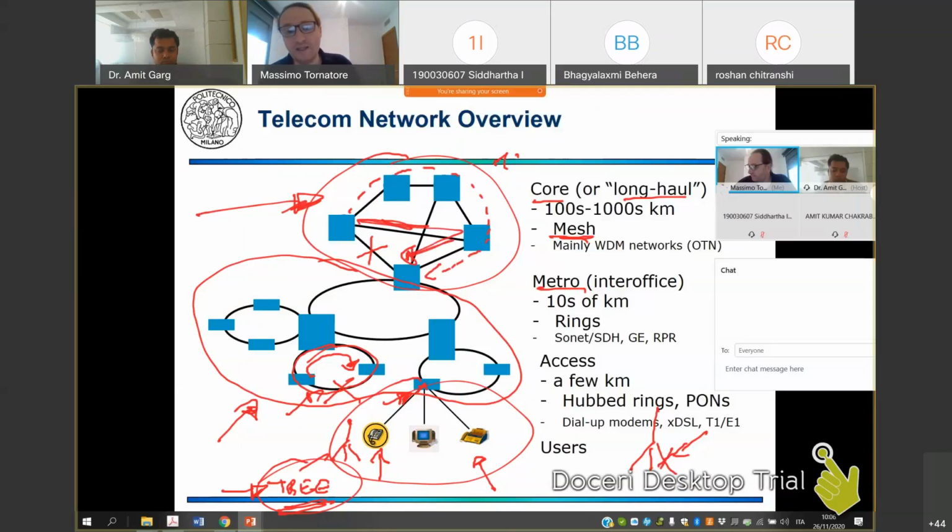So the utilization of a mesh topology for large core networks is due to the fact that protection can be enforced with lower cost.